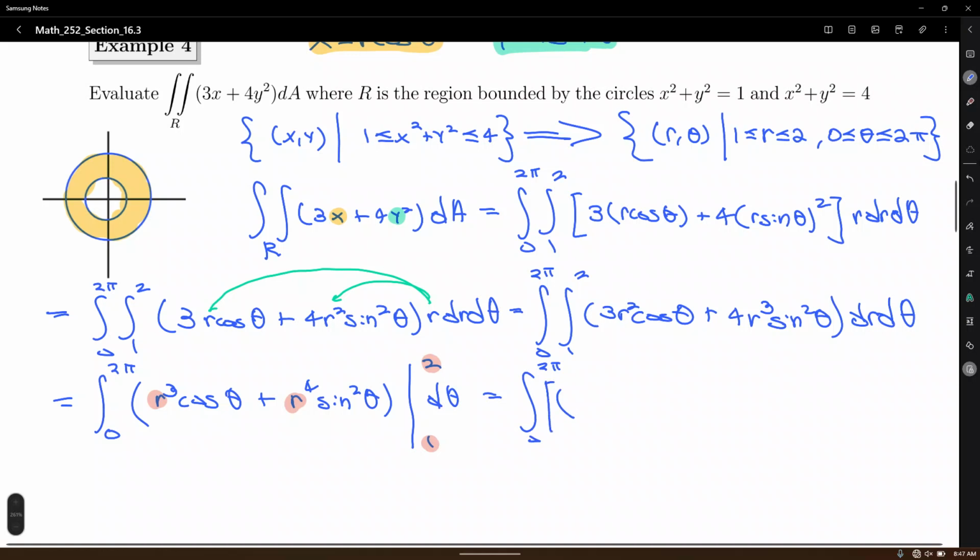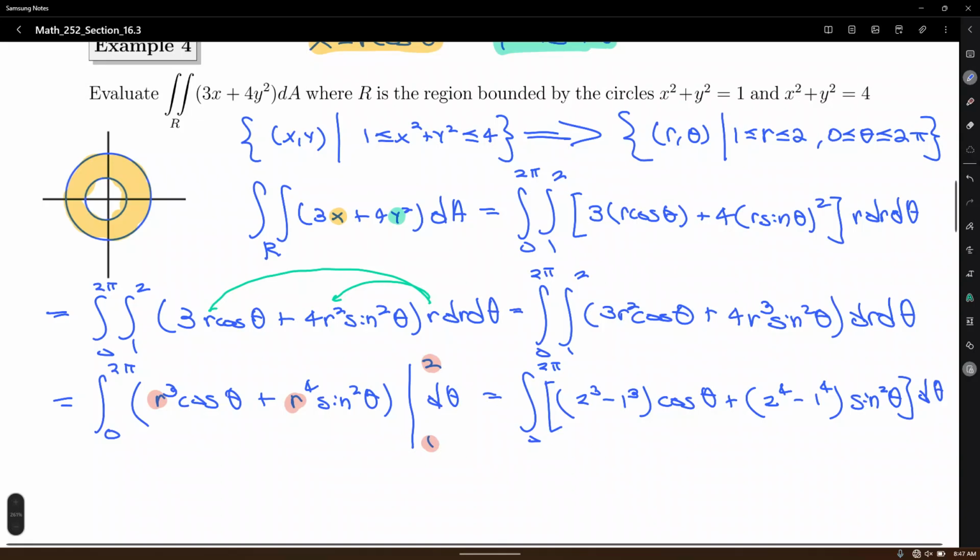So we're going to do 2 cubed minus 1 cubed times cosine theta plus 2 to the 4th minus 1 to the 4th times sine squared theta, not just sine, all right? d theta.